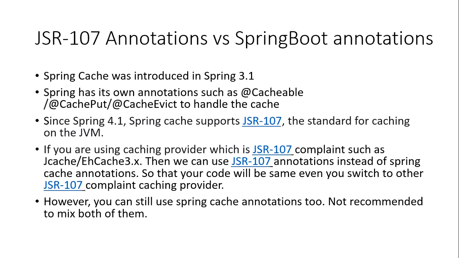With some annotations, we can do the basic caching work with the help of Spring's provided caching annotations. Spring has its own annotations such as @Cacheable, @CachePut, and @CacheEvict. All these annotations are from the Spring end.